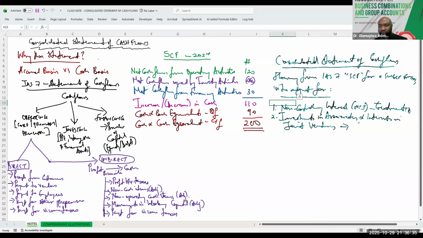Therefore, what will be the category of treatments of these within the statement of cash flow at the group level?